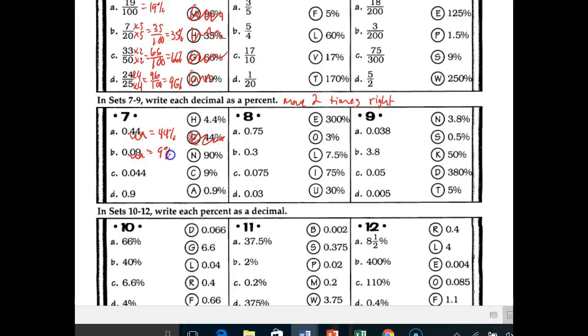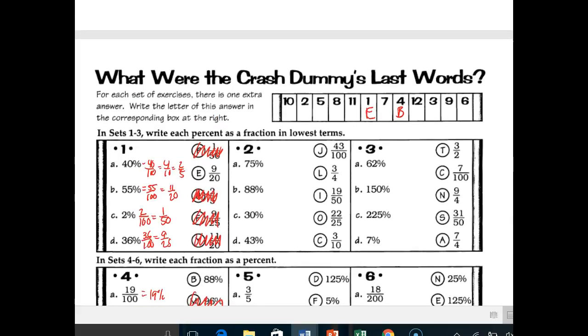That would be 9%. So see you later C. Once, twice, that would be 4.4%. Try and make your lines better than what I did there. See you later to H. And once, twice, empty space. So I get 90%. So see you later N. So A is the thing I didn't use. So on 7, I will put A. 7 is A.